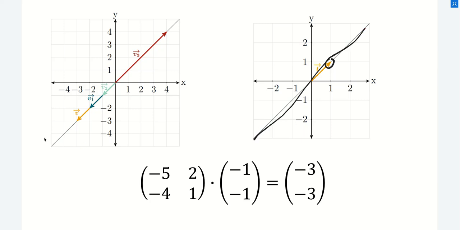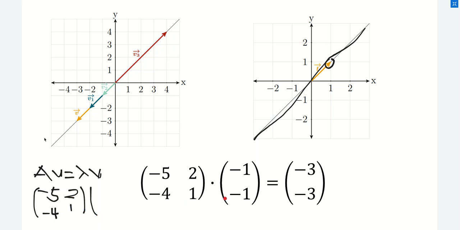So if you write this equation, Av is equal to some lambda v, now our matrix is -5, -4, then 2, then 1.